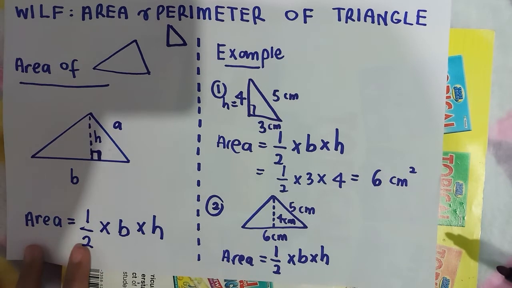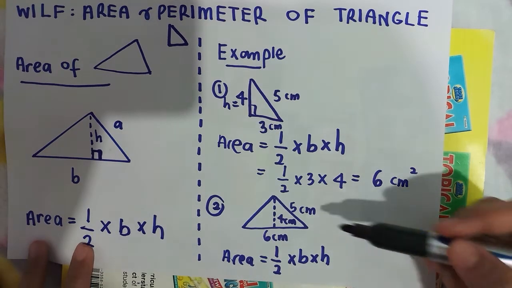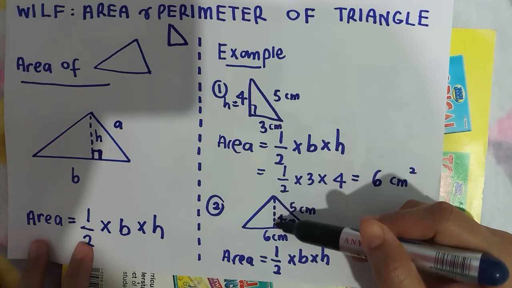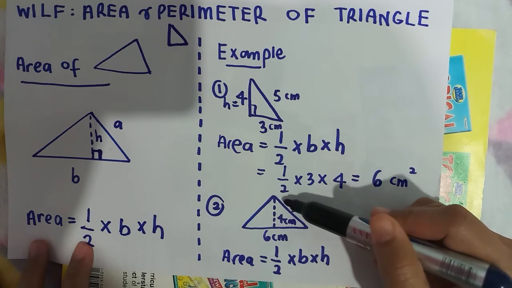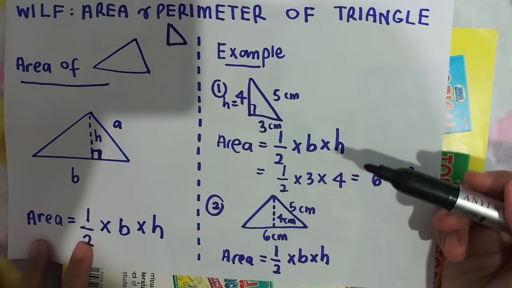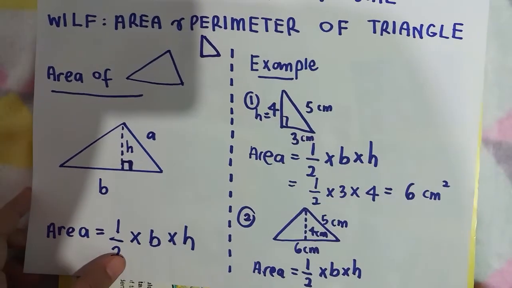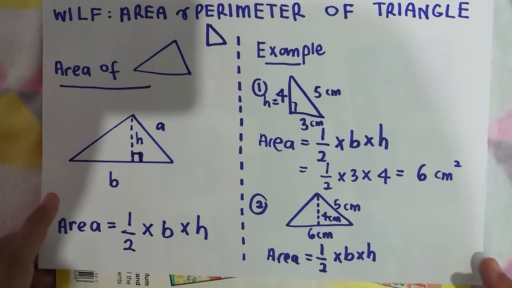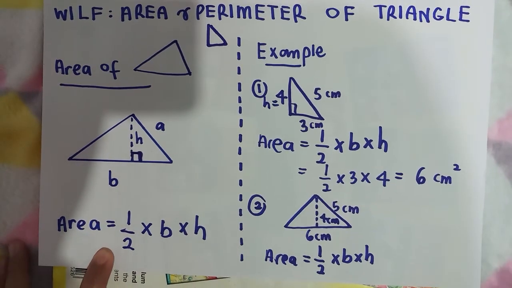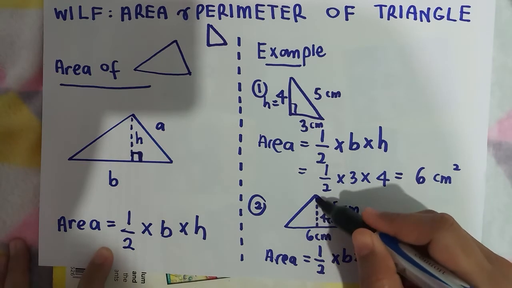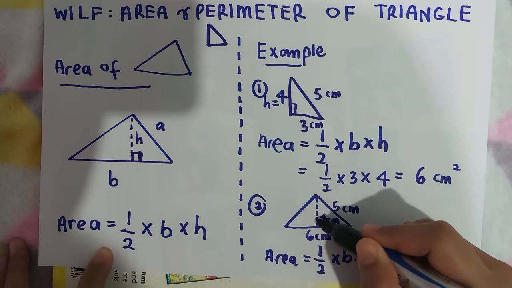Now the next thing is which one is your height? It is either 4 or 5. Remember I mentioned just now, height must always be perpendicular to your base. This is your base, so this is the perpendicular line to the base.